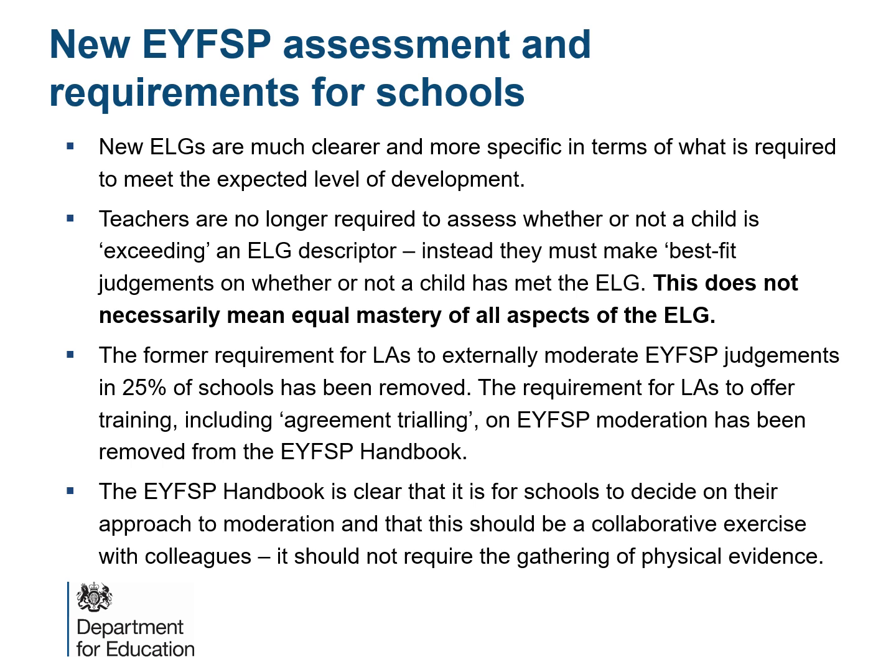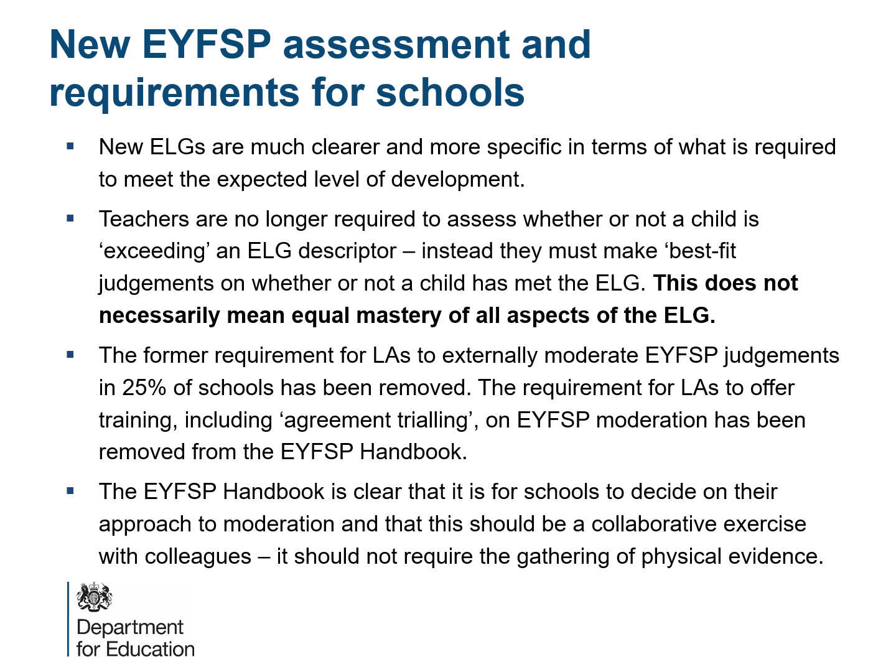I think just to give an illustrative example of how the new ELGs are different to the old ones. Whereas the old ELG for listening and attention set out that children will listen attentively in a range of situations, which obviously leaves a lot of room for interpretation and can really see the need for the former written exemplifications there.